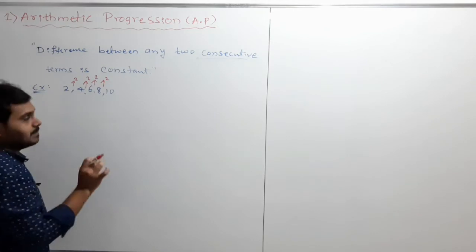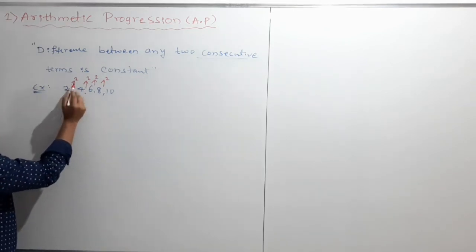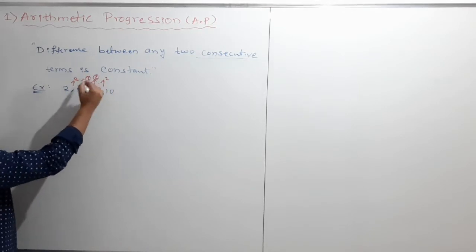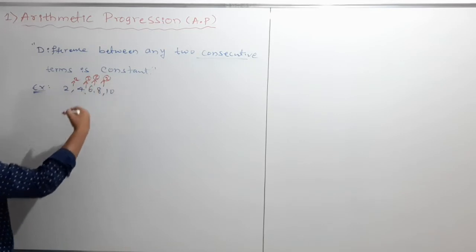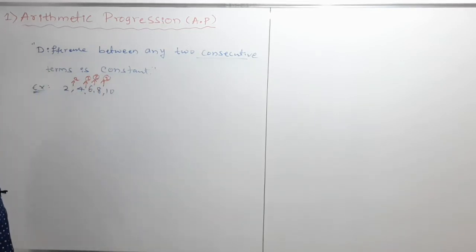Between 4 and 2, the difference is 2. Between 6 and 4, the difference is 2. So therefore this is an example for arithmetic progression, or AP, or arithmetic sequence also we can call it.